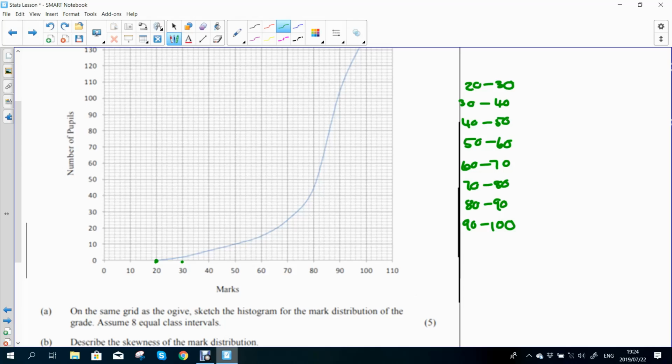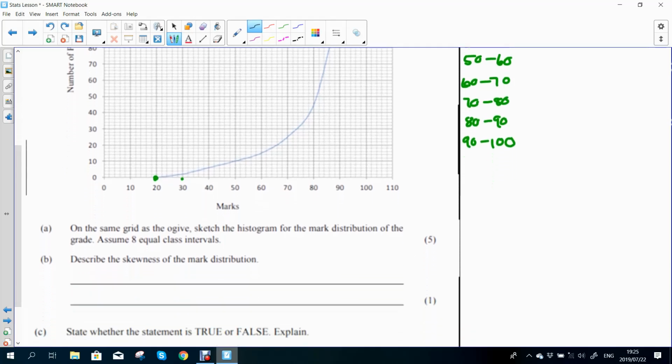Now how did I get to the dots? How do I draw the graph? The first dot that I start with is my first value of my interval. But how did I get to the next dot? Well, the next dot I used 30 and then the y value. So now let's read this off. If you zoom in here, it is very, very small, but these little lines go up in twos: 2, 4, 6, 8.